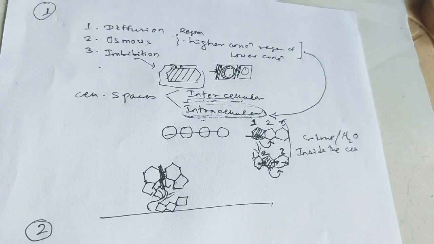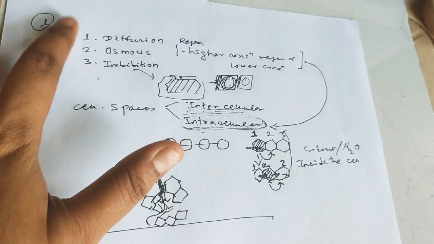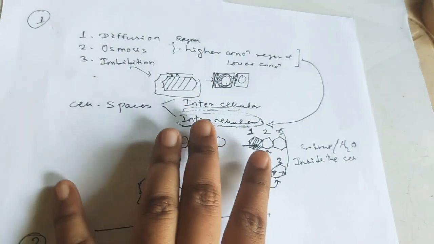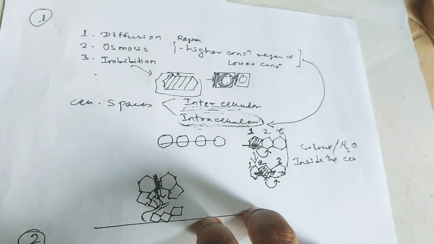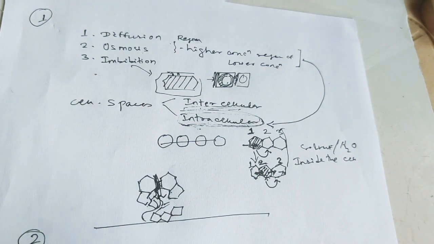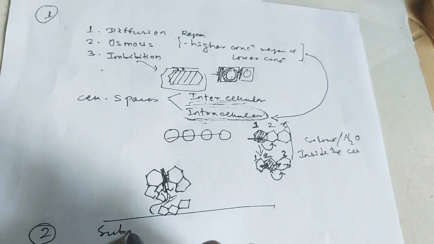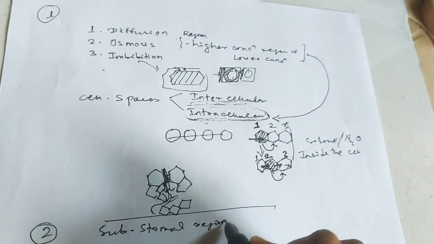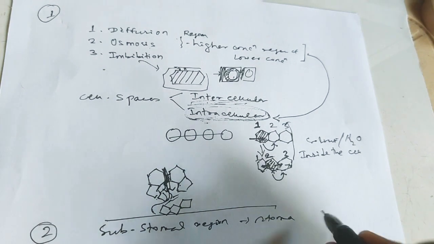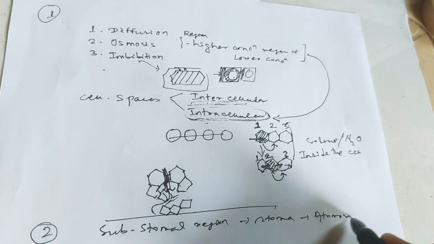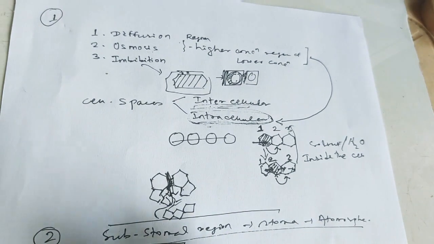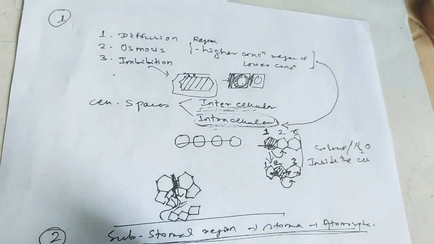In the case of transpiration, when diffusion and osmosis occur, they follow the rule of intracellular spaces, but the water finally reaches the substomatal region, then the stoma, and then the atmosphere. What is moving from one region to another?